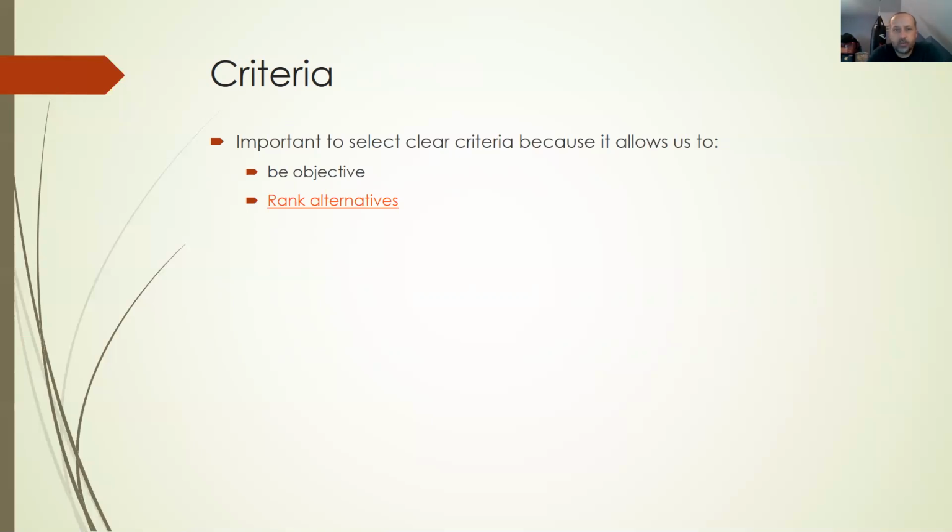And oftentimes people do have preferred, sort of default alternatives that can be based on values, on things like ideology. Okay, so we want to lay out the criteria that we're going to use in advance. And then once we do that, and once we gather the data, we run the analysis, it actually allows us to rank the alternatives, so that we are using the same criteria, the same measures for each one.